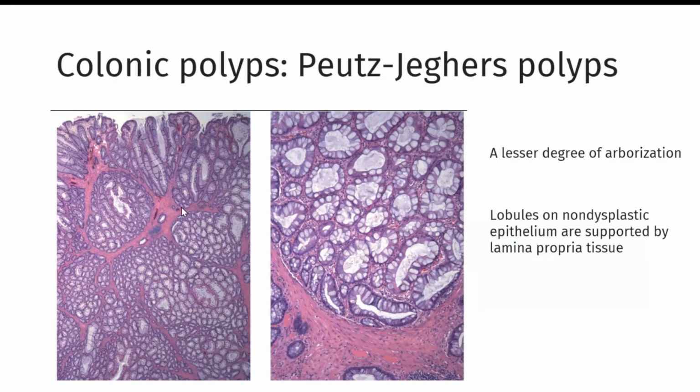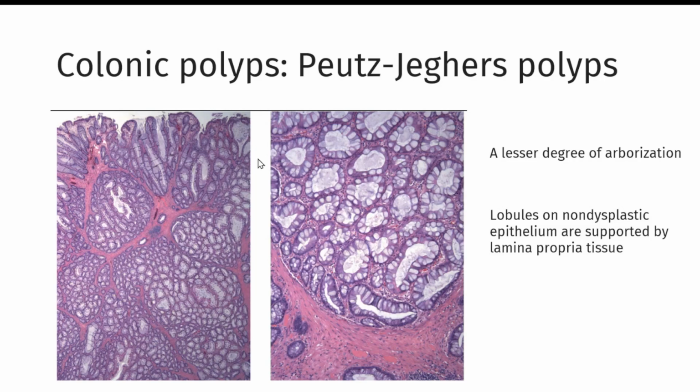Then in these polyps, we can see the crypts forming broad lobules. This is one of the characteristic features for Peutz-Jeghers polyps, because sometimes we will have other types of polyps that we talk about later, like the juvenile polyp and also the Cowden syndrome polyp.